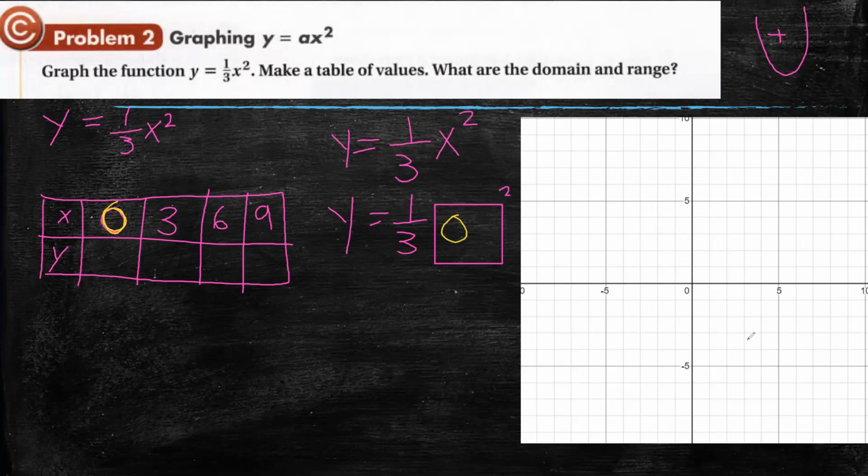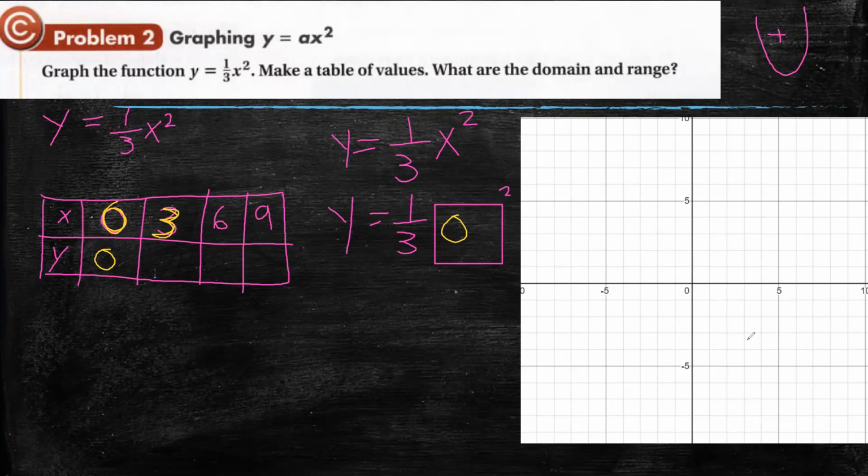So 0 squared is 0, times 1 over 3 is 0. So y here is 0. Now, let's try point number 3.